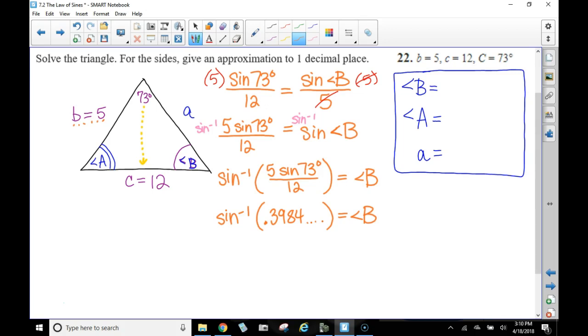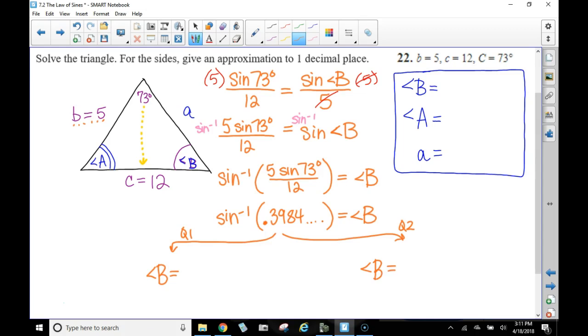Well, you know that sine is positive, could be a positive 0.3984 for angles in quadrant 1 where sine is positive, as well as quadrant 2 where sine is also positive. Okay? So this is where we're checking to see if we have possibly two triangles.